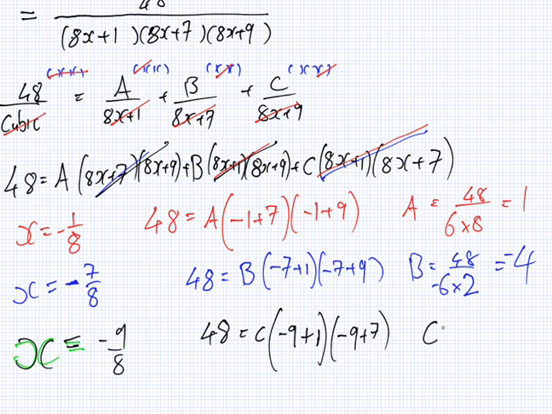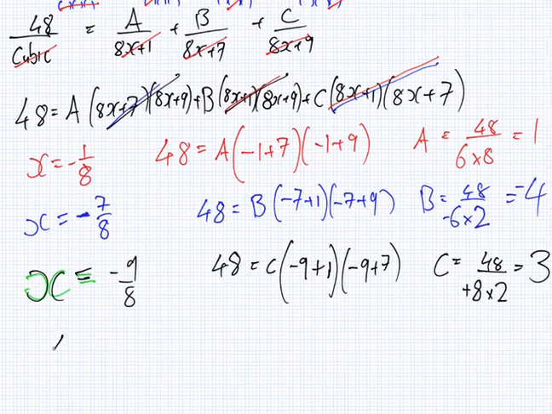So c would equal 48 over minus 8 times minus 2. So what's that? Is that a 3? Yeah. So you have the a, b and c now.